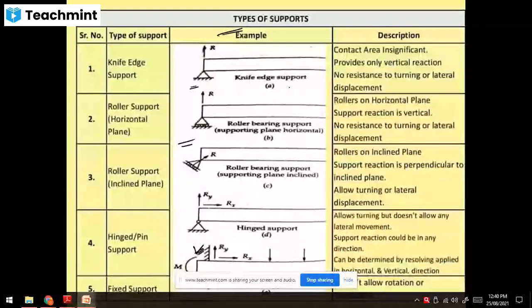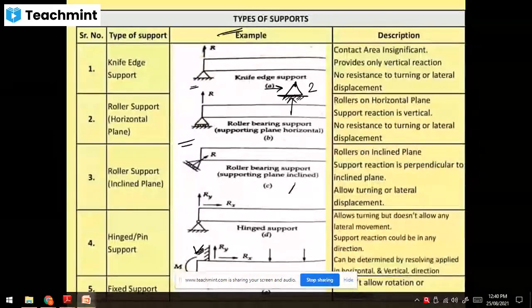Two. Which are those? Horizontal reaction and vertical reaction.